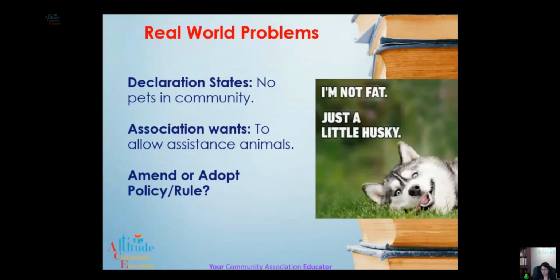What about other types of animals? What about seeing eye dogs? What about the hearing impaired? There are different kinds of assistance animals and they go by different terms. So you just want to be careful when you make these types of exceptions, because inadvertently what you might be doing is violating fair housing laws. All right.